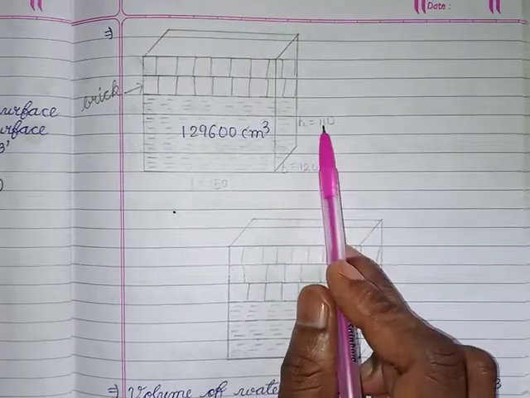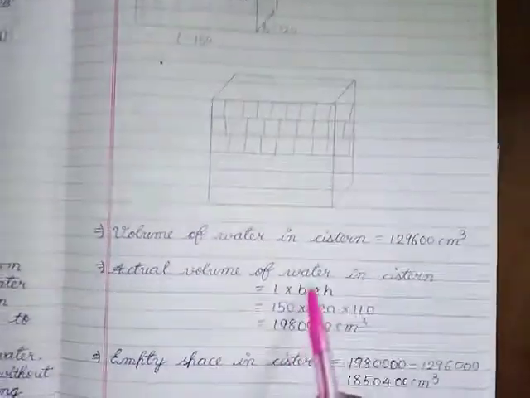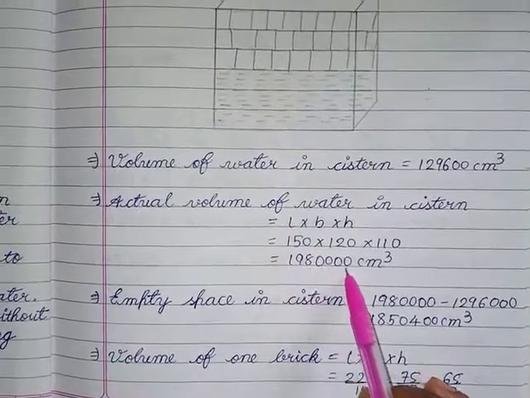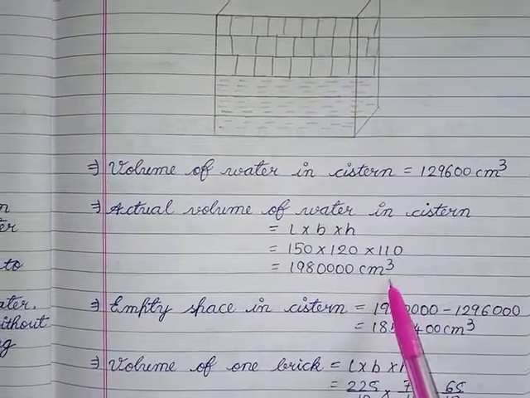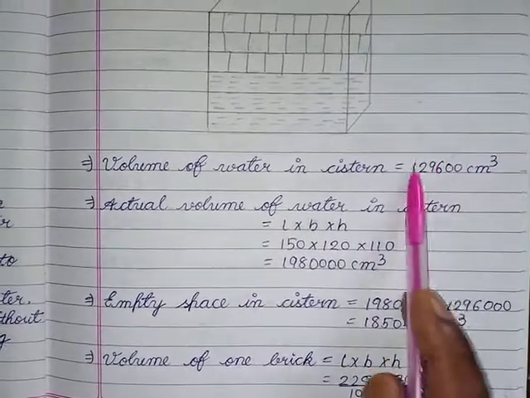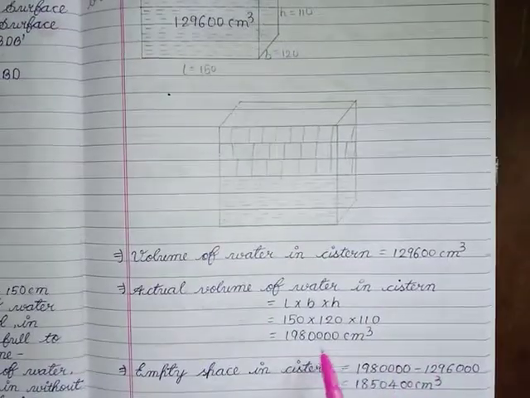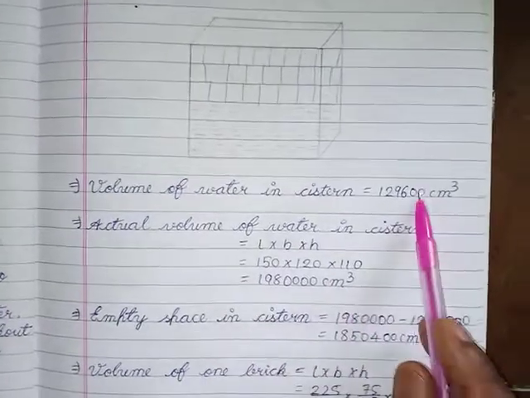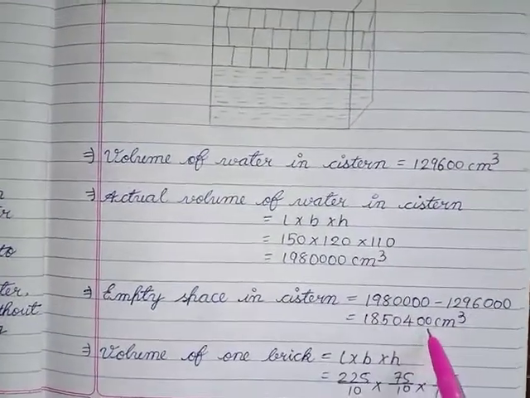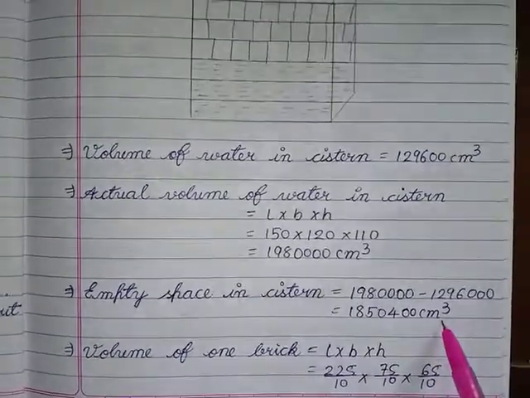The actual volume of the cistern is L into B into H, which is 198,000 centimeter cube. So the empty space in the cistern, if you subtract it, this much water is there initially, and this much is the actual space. If you subtract this, you will get 68,400 centimeter cube of water.